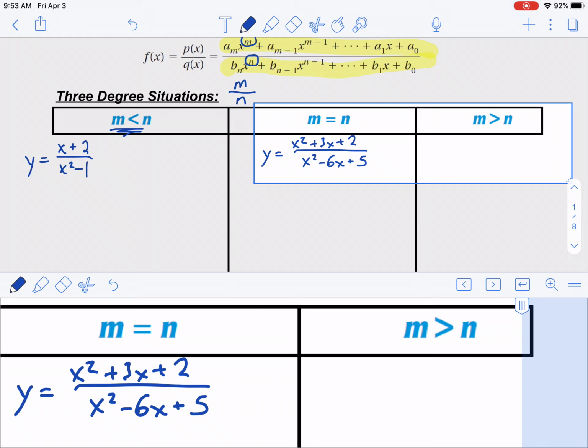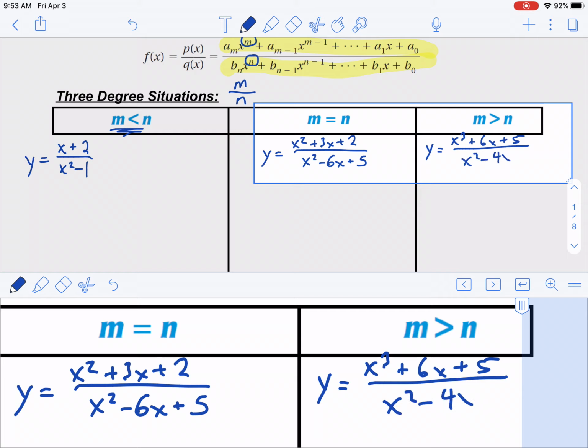And then the third one is where we could have something like y equals x to the third plus 6x plus 5 over x squared minus 4x. I'm just making this up off the top of my head here.